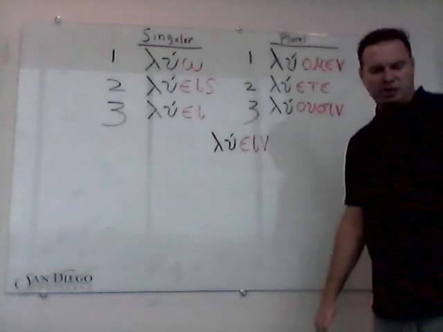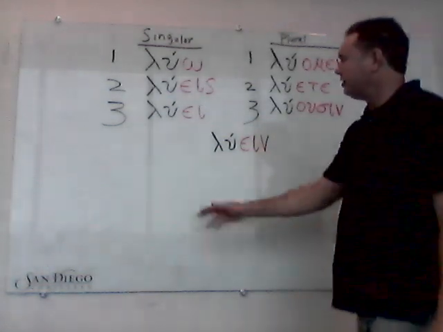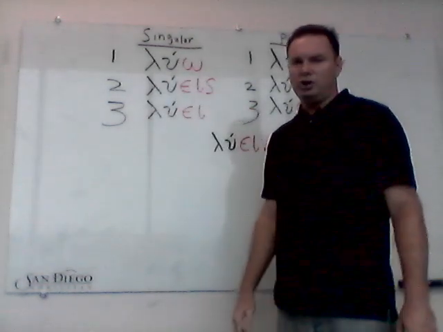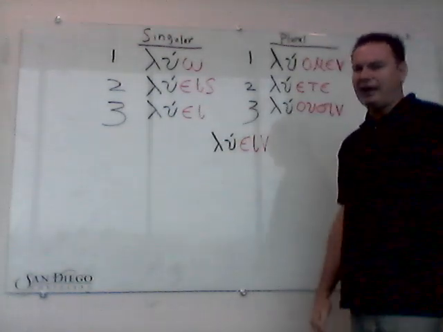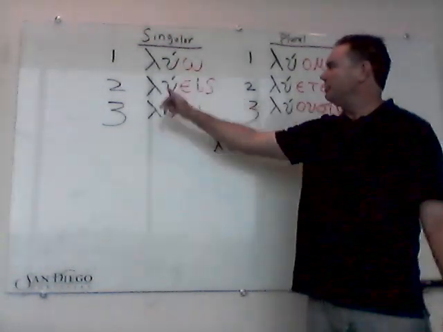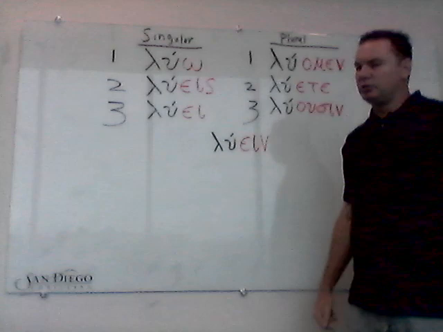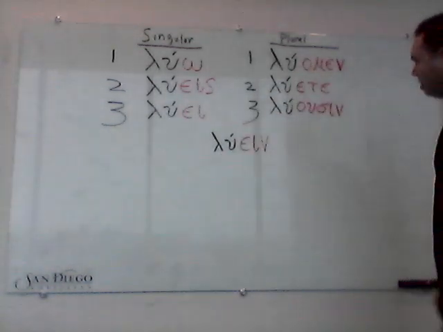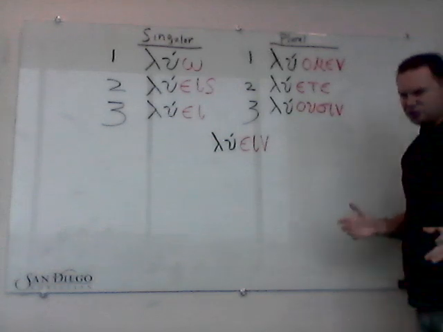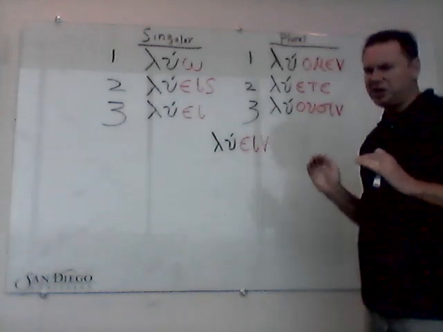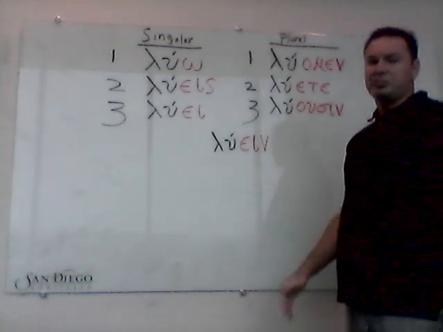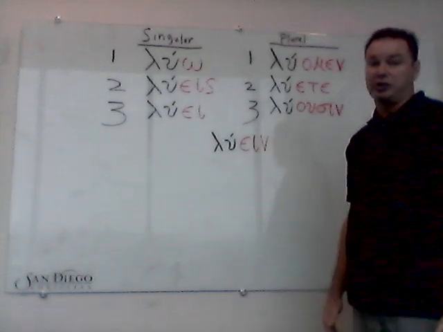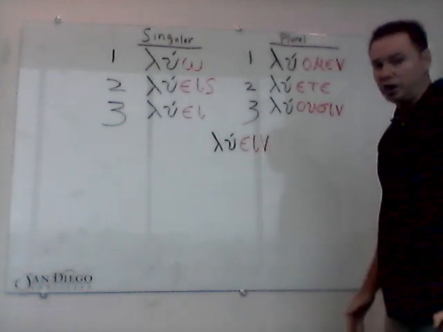Now I want you to notice that we're building everything on this lu. I don't know if you can see this very well. I think you can, but I have the lu in black and I have these in red. Notice that the lu is the same on all of these because we call that the verb stem. And knowing the verb stem lets us know the meaning of the verb, that we are dealing with luo, or I loose.